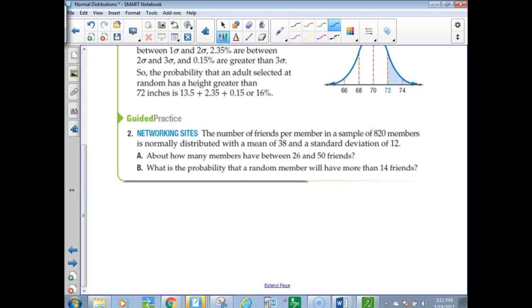The number of friends per member in a sample of 820 members is normally distributed with a mean of 38 and a standard deviation of 12. All right, let's get our picture drawn. Okay, so I'll put in the mean of 38.